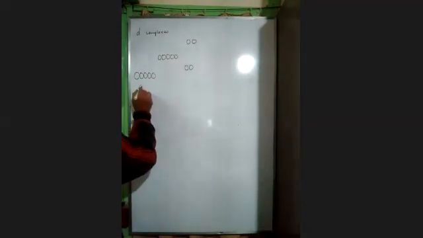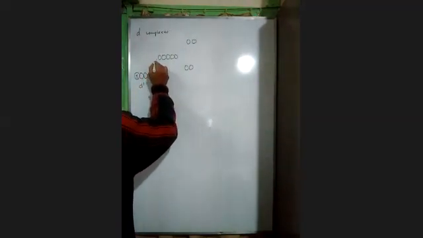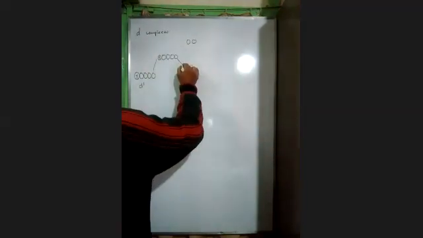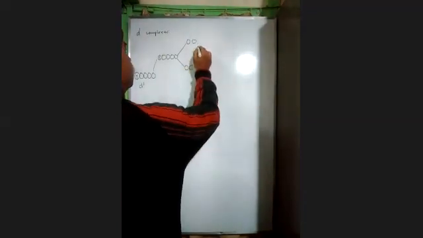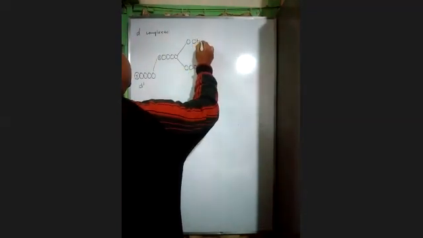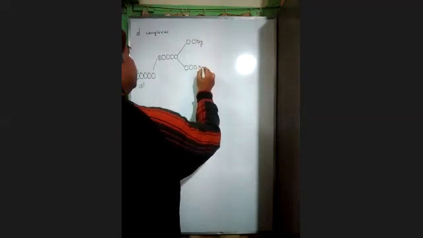So it is D1. D1 means the electron will be here, and here the electron will go after the splitting has taken place. We call it T2G, and this one we call it EG.